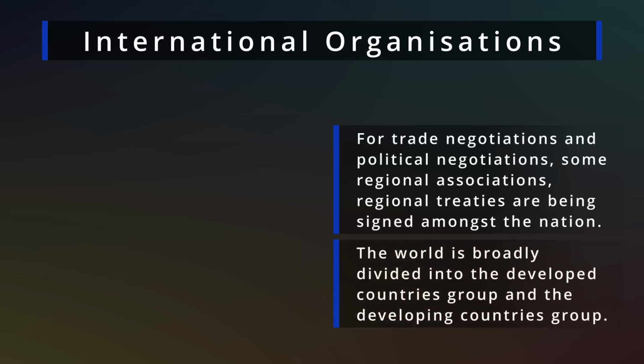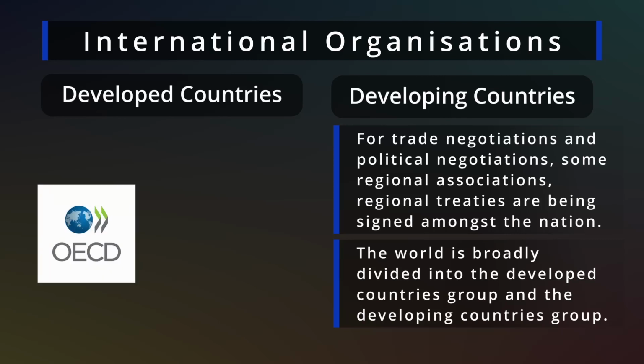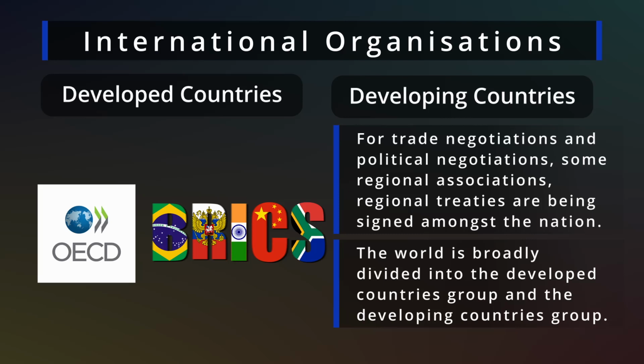We have also seen that the world is broadly divided into the developed countries group and the developing countries group. For the developed countries, there was the OECD, the Organization for Economic Cooperation and Development. The developing countries, particularly Brazil, Russia, India, China, and South Africa, formed another group for cooperation on trade and other geopolitical issues.